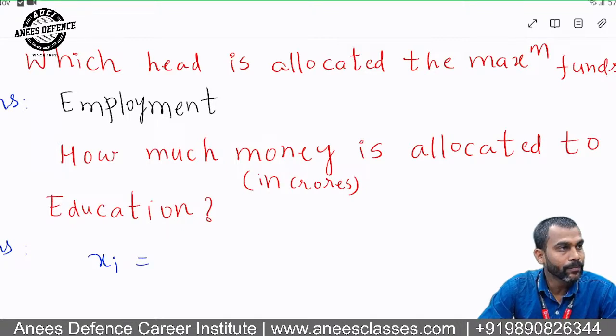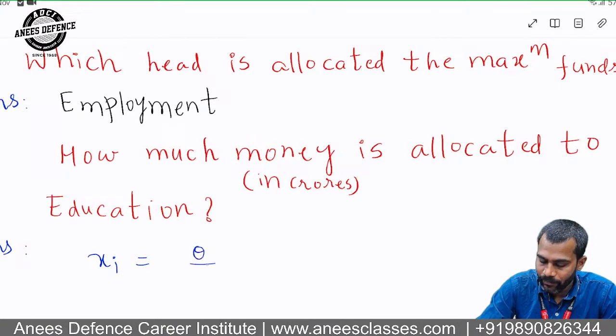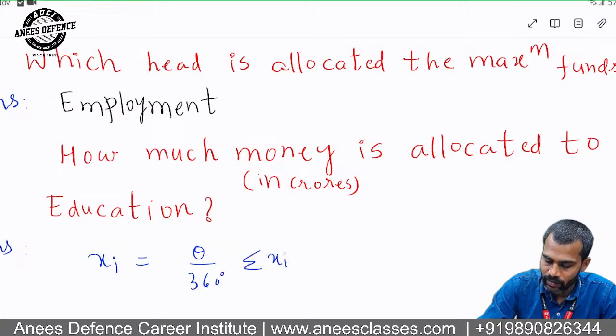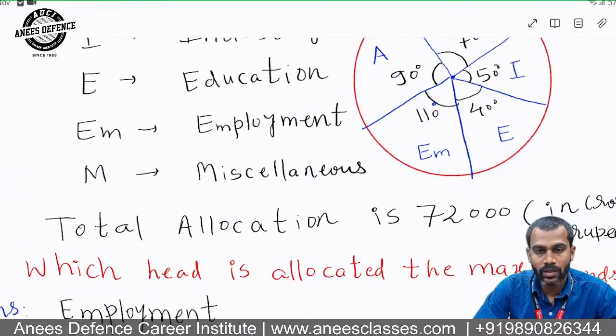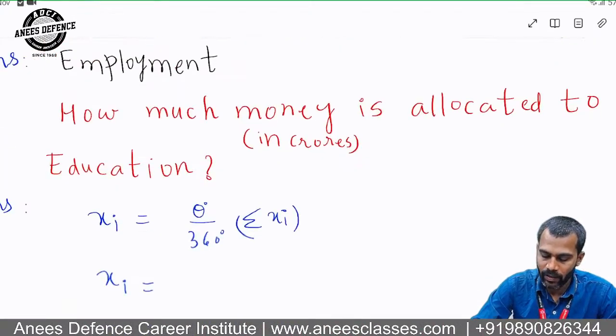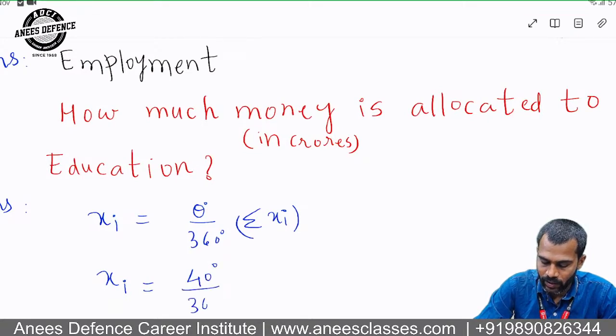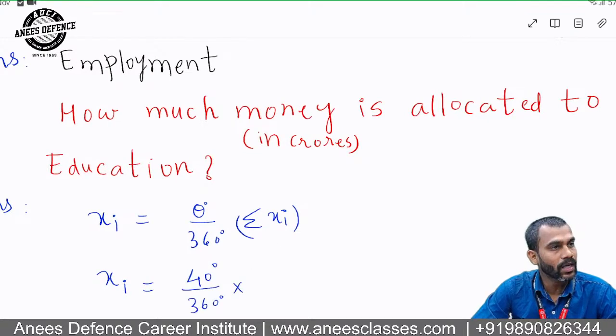Xi is equal to theta divided by 360 into summation xi. This is the formula. I told you yesterday also. So xi is equal to, what is theta corresponding to education? That is 40 degrees. So I can directly write 40 degrees divided by 360 into what is summation xi?